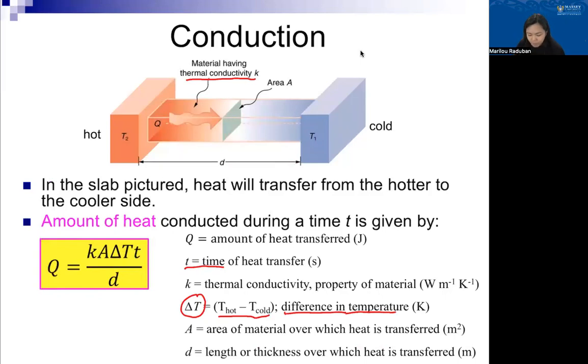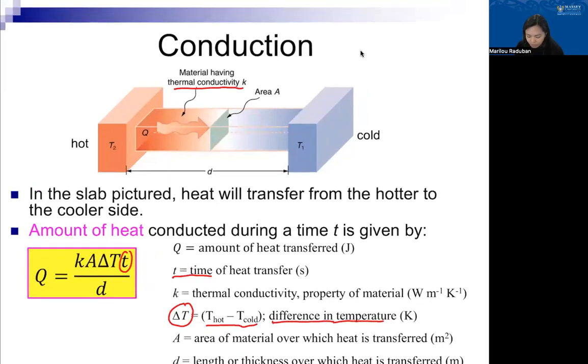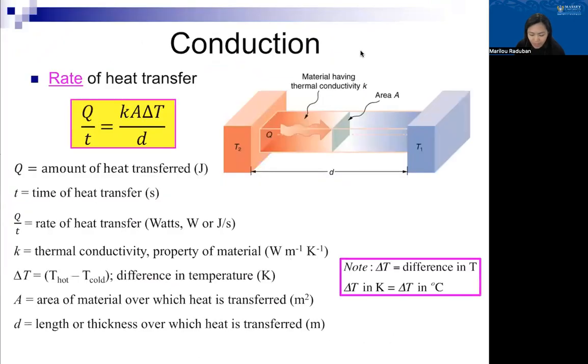Sometimes we rearrange this equation so that we want to know the rate of heat transfer, or how fast heat is being transferred, in which case we divide both sides by the time. So the time on the right side disappears, and you have the rate of heat transfer. When we say rate, it's something divided by time. So the rate of heat transfer is the amount of heat transferred over a period of time t.